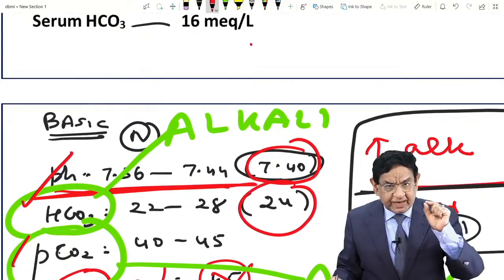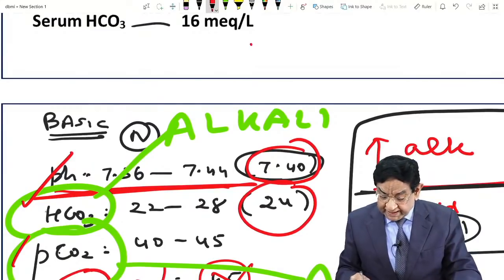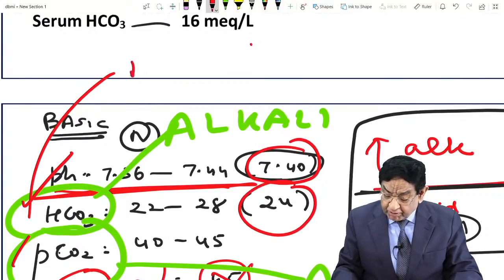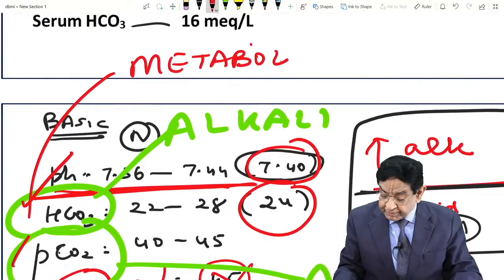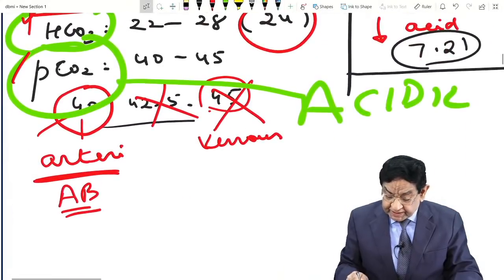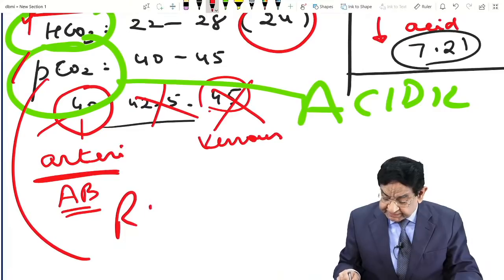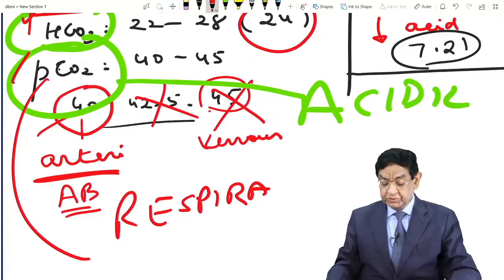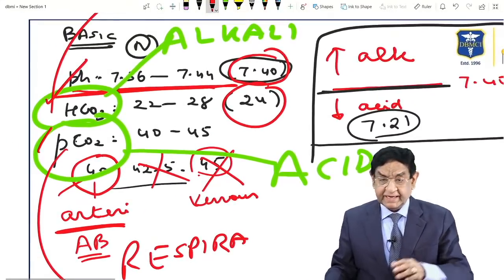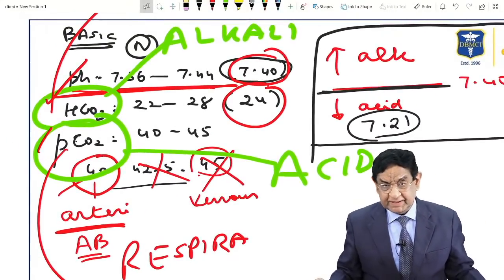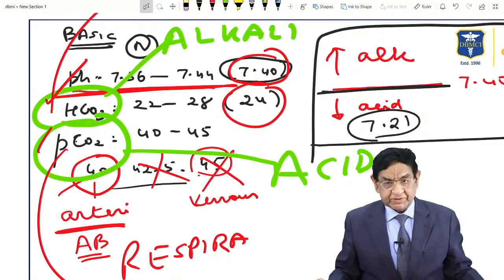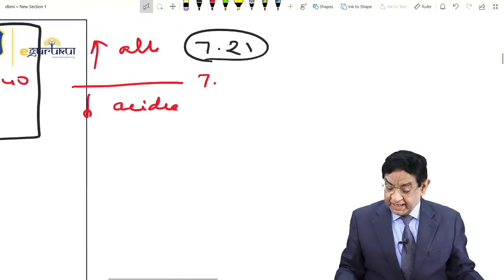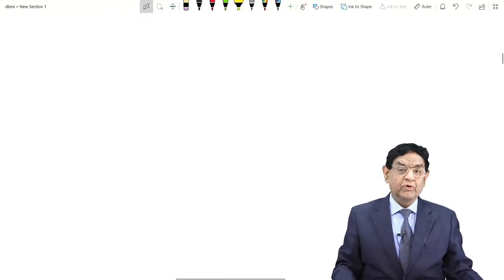So any problem due to bicarbonate we call metabolic, and any problem which occurs due to CO2 we call respiratory. So friends, we learned something more: any disturbance in the body due to bicarb is metabolic, any disturbance of CO2 is respiratory. Understood.